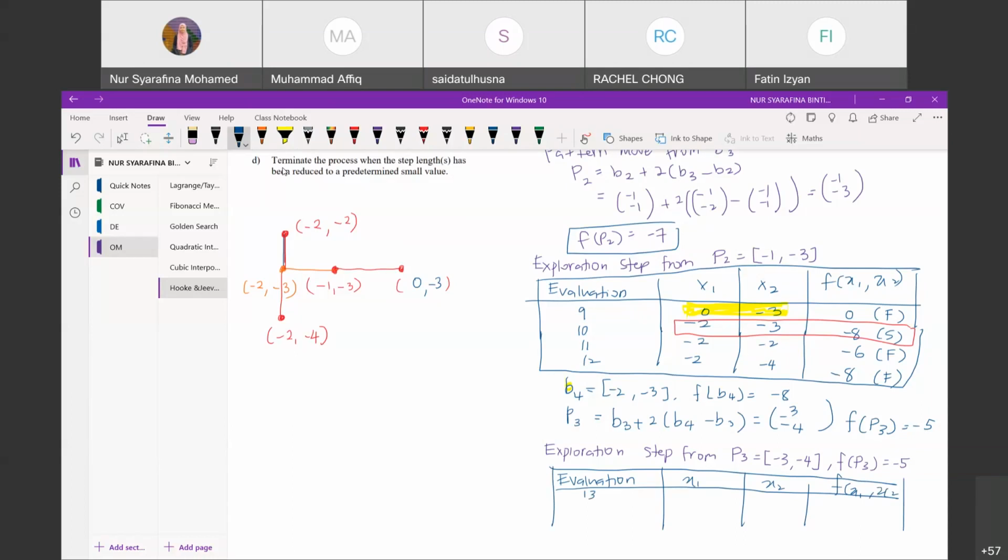Okay, we start -3 minus 4. So actually this one is -2 minus 4. So our next pattern move is to the left here. -3 minus 4, sorry.